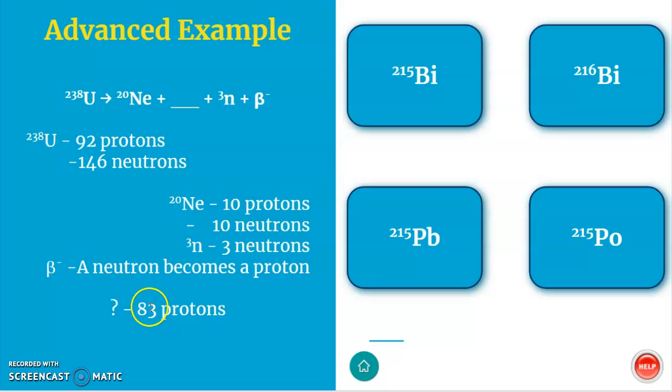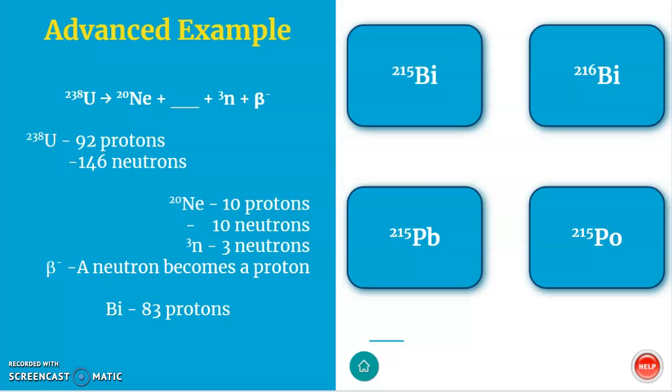Why 83? Well, 83 plus 10 is 93, and as I just talked about, that's how many protons we're going to have. So what has 83 protons? Bismuth. Again, always, forever, you look that up on the periodic table. You don't need to memorize it. There are never any exceptions to the number of protons matching the atomic number on the periodic table.